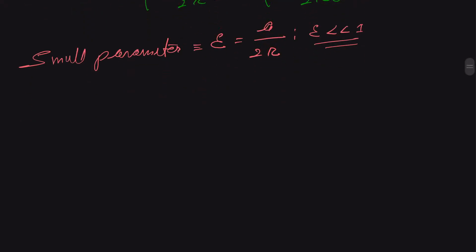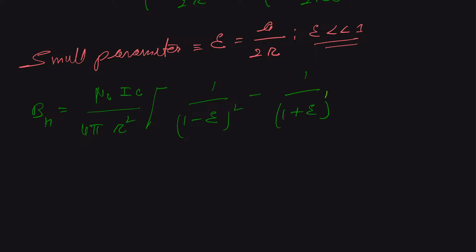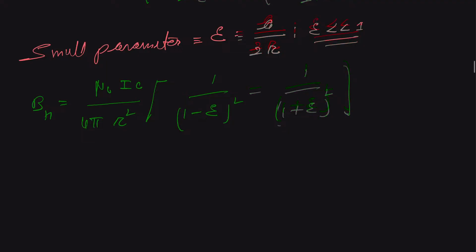Therefore, we can write that the magnetic field because of the horizontal parts is equal to mu naught Ia upon 4 pi r square, times 1 upon 1 minus epsilon whole square minus 1 upon 1 plus epsilon whole square. And we can expand this and get the solution.